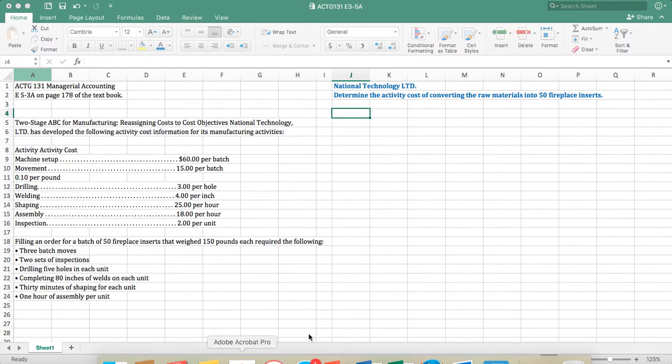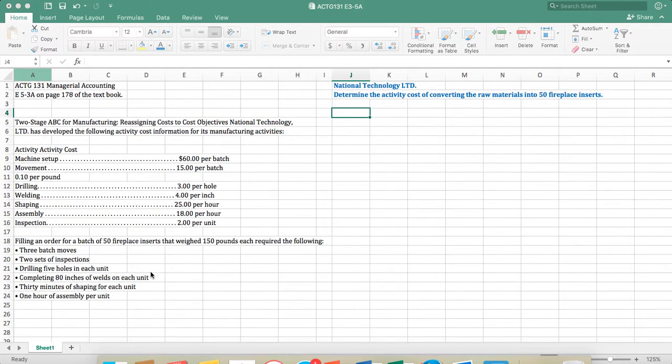As you can see on the left-hand side, I've printed the problem, and I'll solve it over here on the right-hand side. There are a couple things that are important. These items have been calculated for the cost per whatever the activity is: batch, hole, inch, unit.